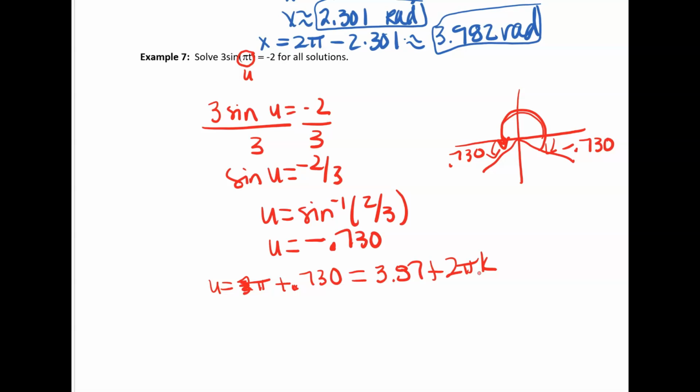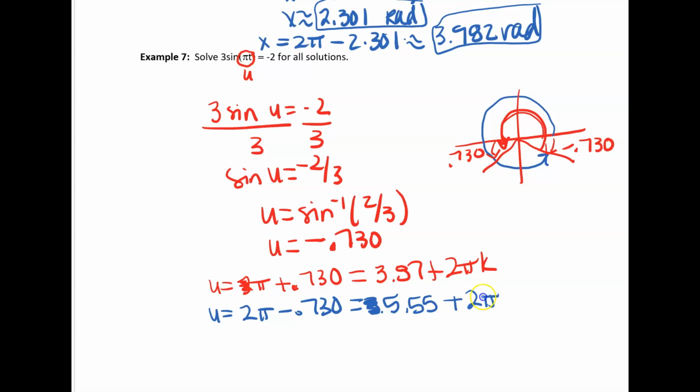Now our other one is going to occur when we loop around, because I want my positive ones. If I went all the way to here, that's what I was trying to write a minute ago. So that would be 2 pi minus 0.730, and so that gives me 5.55 plus 2 pi k, again, looping around.